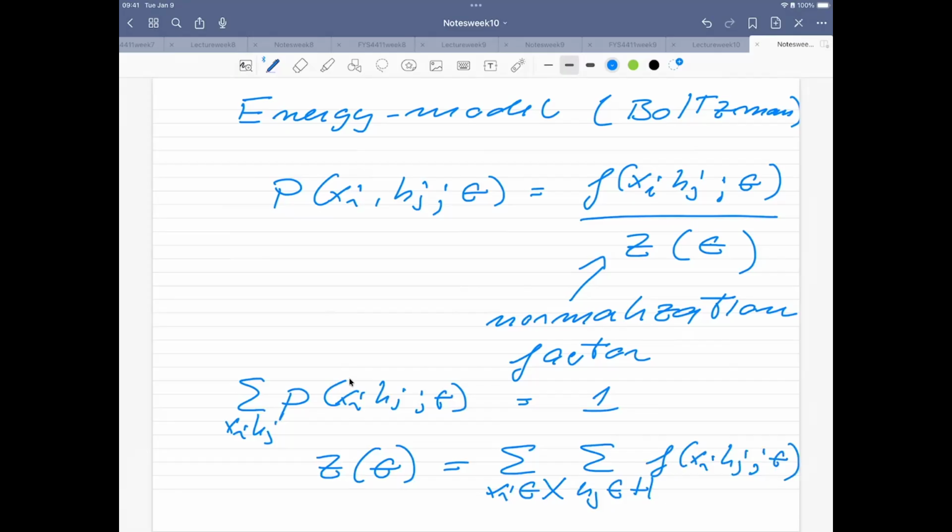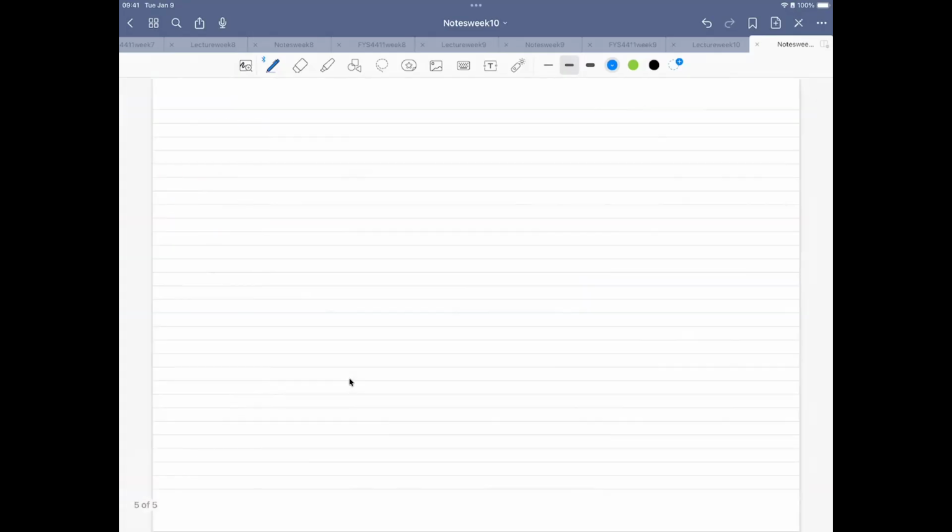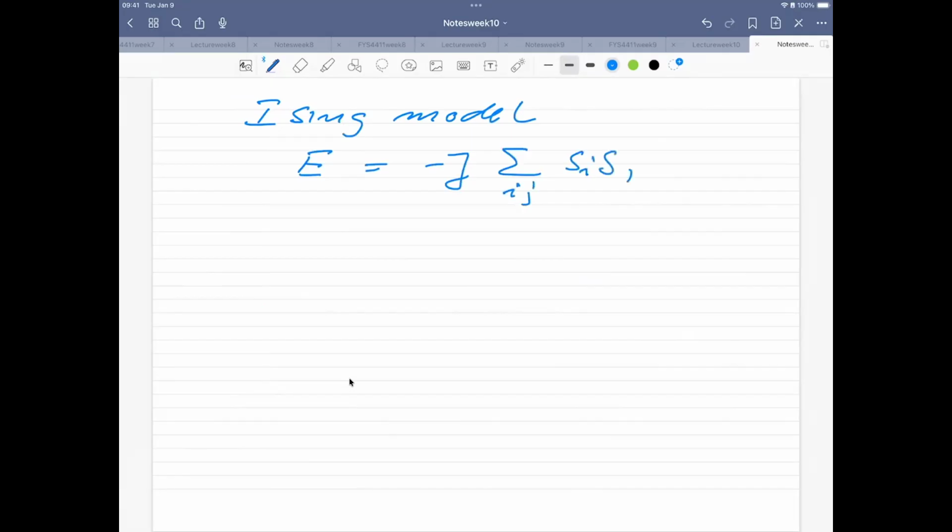Just to give you an example which you have seen before, look at the Ising model, a famous example. The total energy is given by a constant, summing over nearest neighbors, times spin S i and spin S j. That's the Ising model.